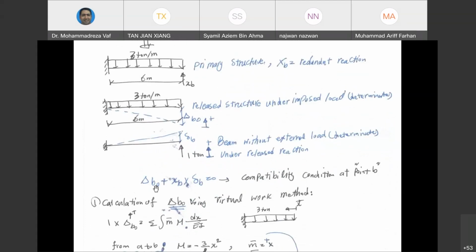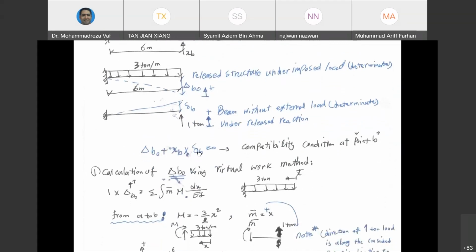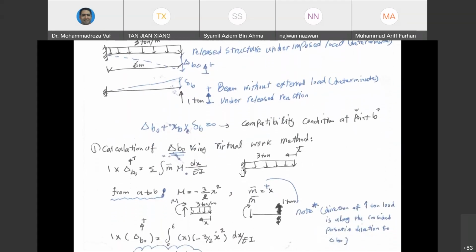So our job right now, in order to make the structure a determinate one and get XP, is to calculate delta BO and delta B. Delta BO comes from the first beam and delta B comes from the second beam. And you're going to use the virtual work method in order to calculate these two deflections. This is what we have done in the second part.